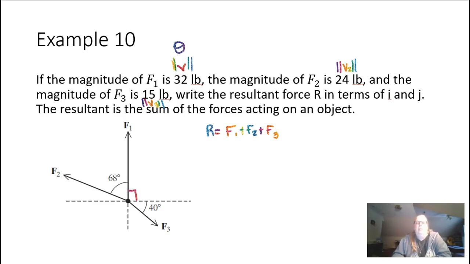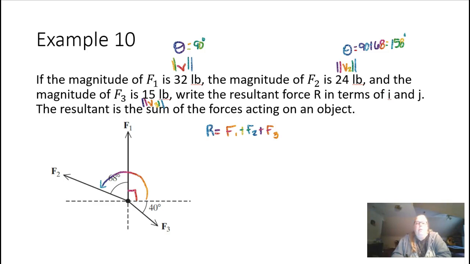That angle is 90 degrees. Force number 2 is actually this angle right here. Now I know it says 68, but it is pulling in this direction. So this is going to be 90 plus that 68, which is going to give me 158 degrees.